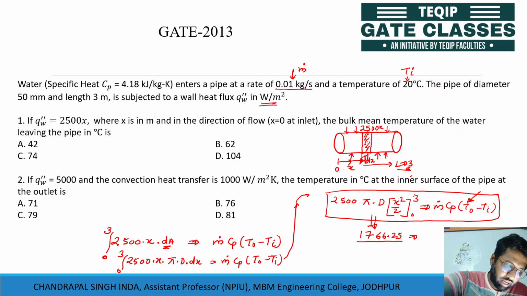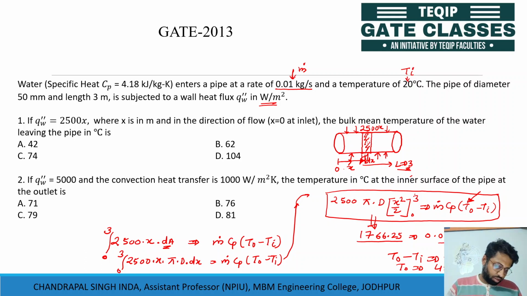Now the mass flow rate m dot is equal to 1.01, Cp is equal to 4.18 in kilojoule, so we have to multiply by 10 to the power 3, and T outlet minus T inlet is going to be equal to 42.25, and T outlet will be 42.25 plus 20, so that will be equal to 62.25 in degree centigrade.